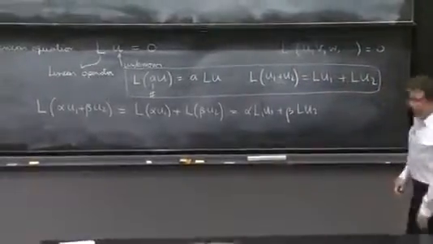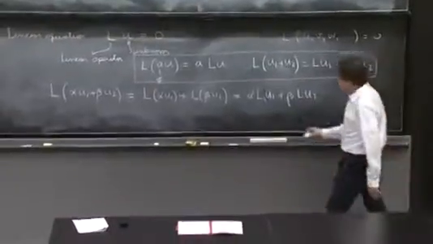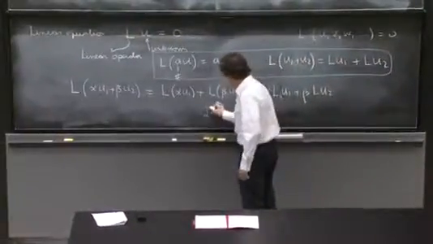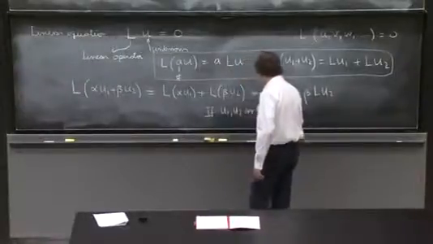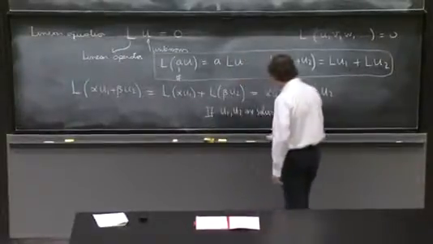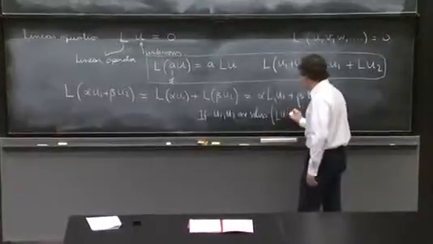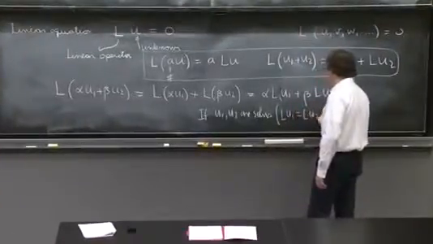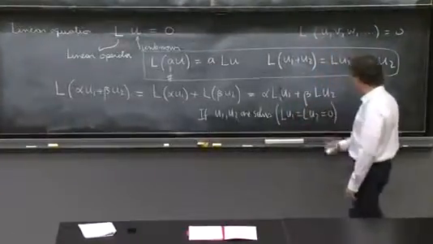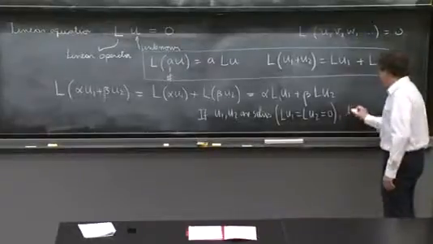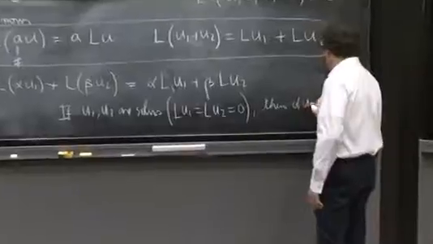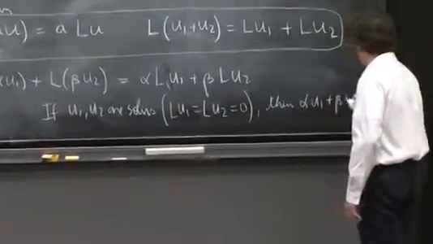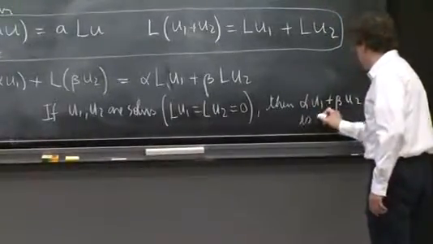And then you realize that if u1 and u2 are solutions, which means Lu1 equals Lu2 equals 0, if they solve the equation, then alpha u1 plus beta u2 is a solution.